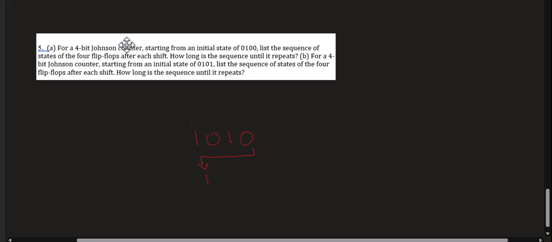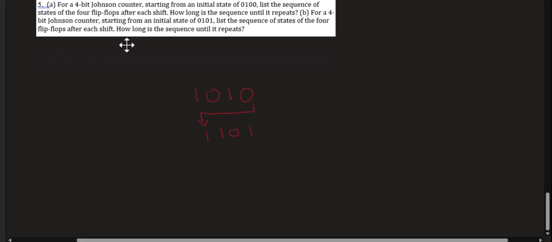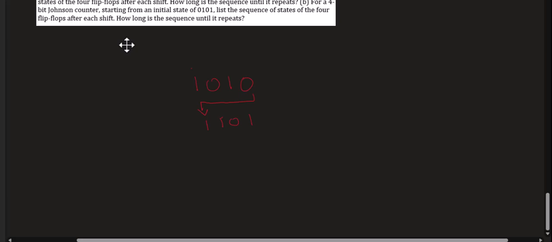So let's say I have 1, 0, 1, 0. The way a Johnson counter works is this last bit flips and comes around to the front, and the other bits slide down.